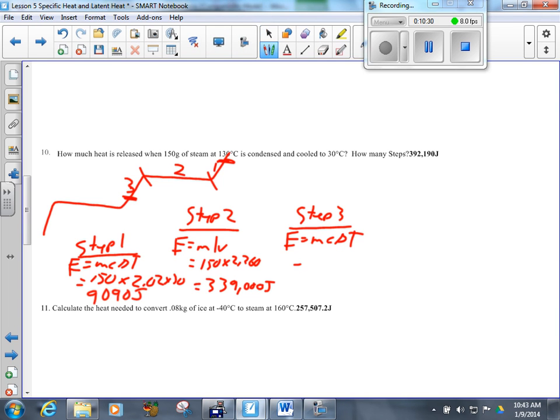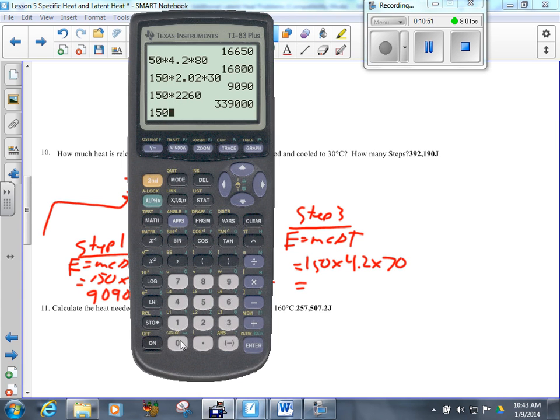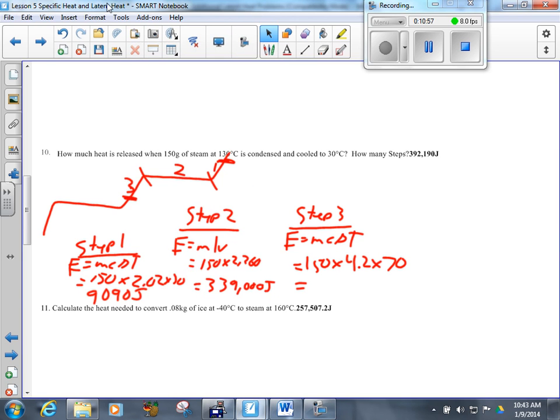In cooling the water, I still have 150 grams, but now what specific heat capacity do I use? Water. So now I have to use 4.2. And my temperature change from 100 to 30 is how many degrees? 70. So 150 times 4.2 times 70. All right, 44,100 joules.